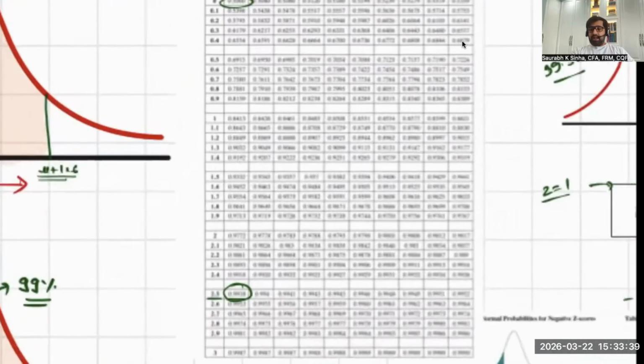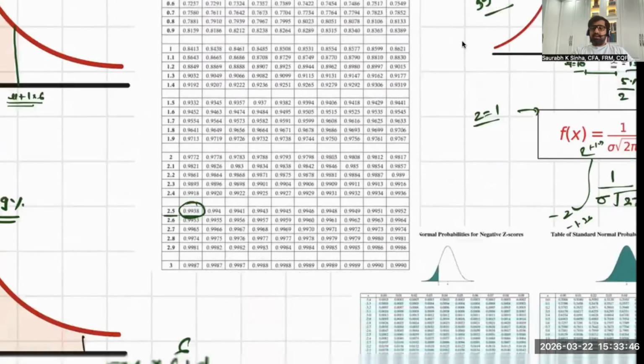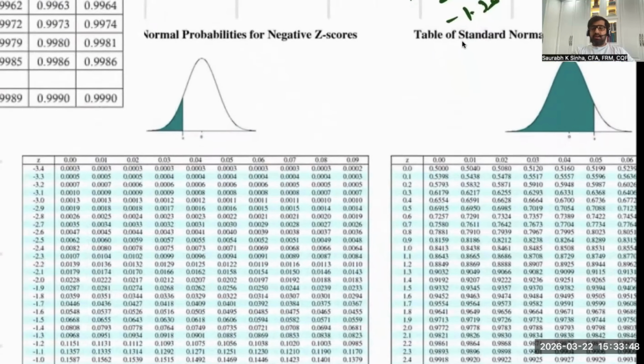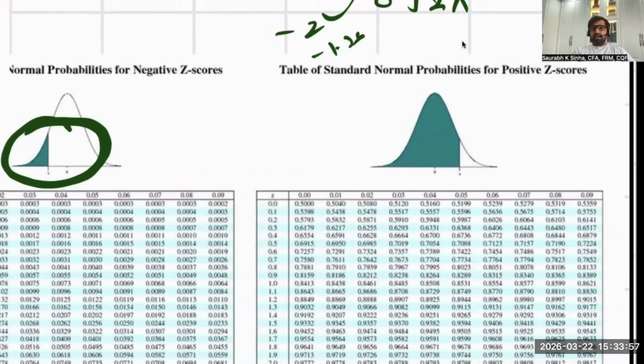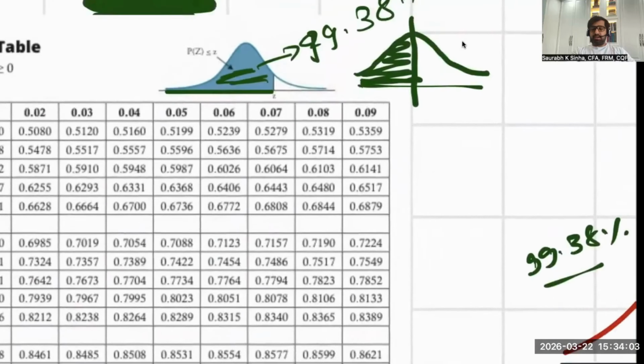That's it. And the cumulative Z table that you have to use is this one, because there are different versions of the cumulative Z table. There is also a version which has negative Z scores, and you will see this image at the top of those tables. The table that we are using is the positive Z score table, and the image at the top of it is this one.